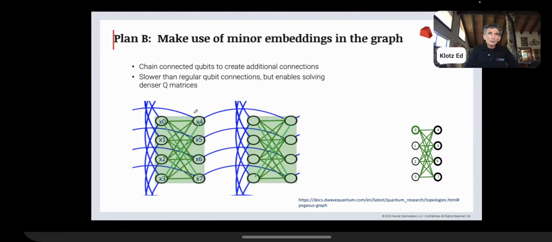Well, we make use of the blue connections that go to the neighboring cells. So here's an example. We have 8 binaries and their associated qubits. And now we have this complete graph we need to embed. So we've got these additional edges that we need to account for. So we will use the neighboring horizontal unit cell.